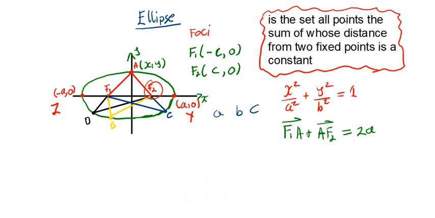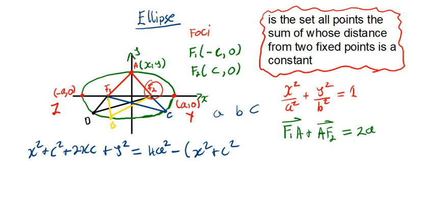Okay, so when we squared both sides at first, we ended up with x squared plus c squared plus 2xc plus y squared equals, then the other side gave us 4a squared, and then that was minus open bracket, we got x squared plus c squared minus 2xc, then plus y squared, then minus, that's going to be 4a.